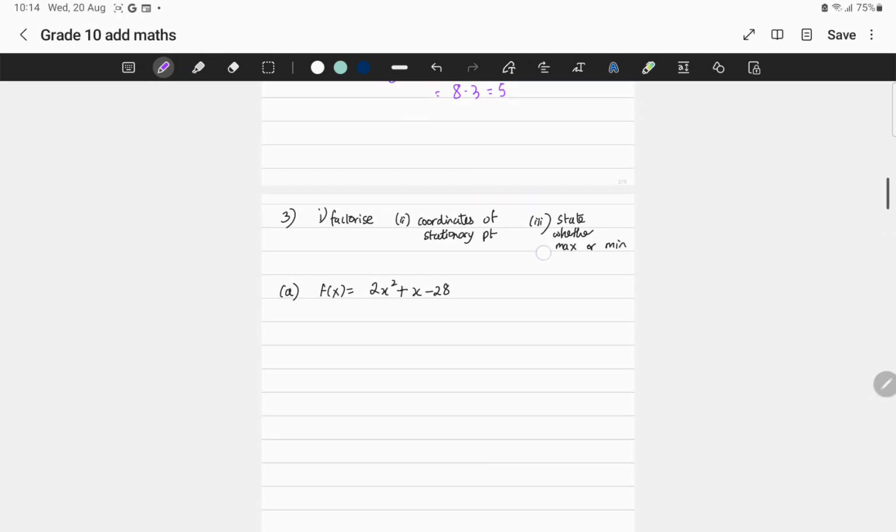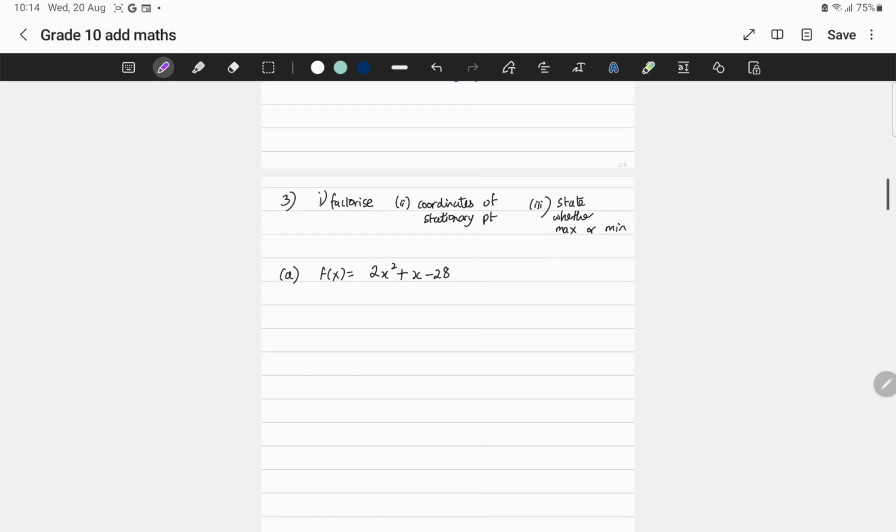Next question, we're asked to factorize, state the coordinates of the stationary point and state whether it is a minimum or maximum. So to factorize, first part, f(x) equal to, I will write 2x squared plus x minus 28. Then I will do 2 times 28 which gives me 56.